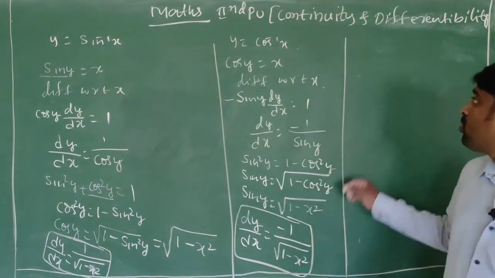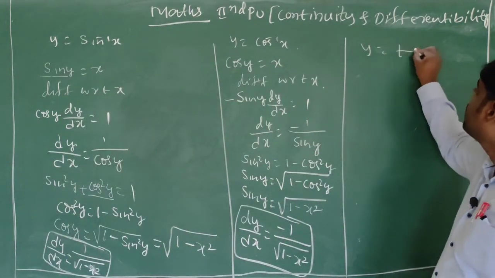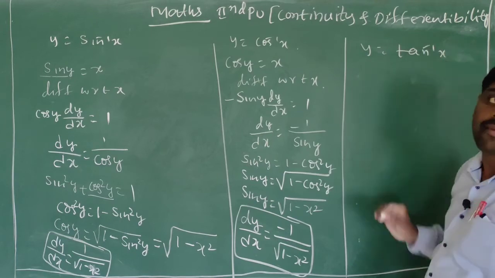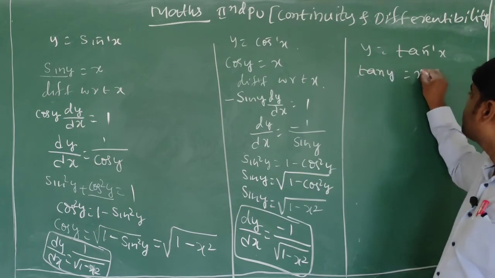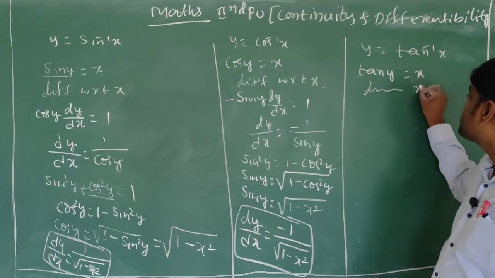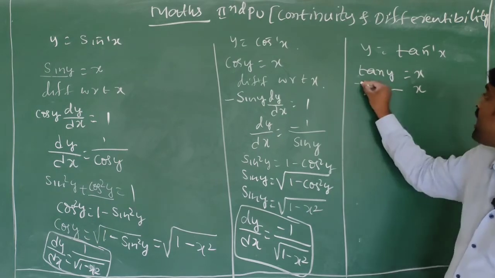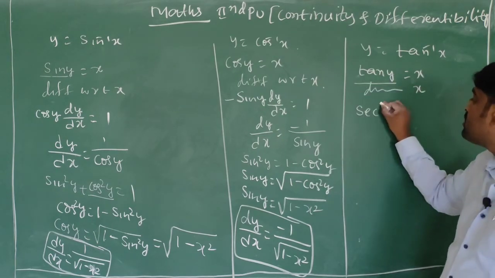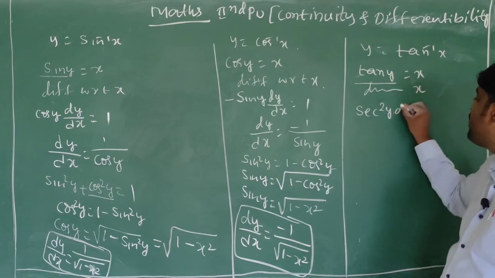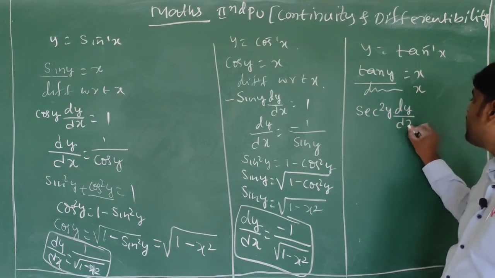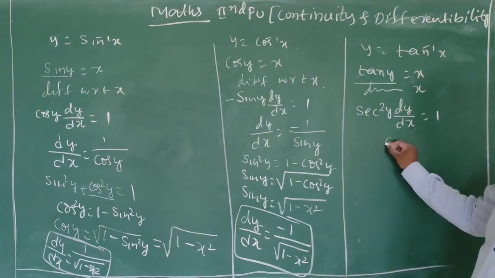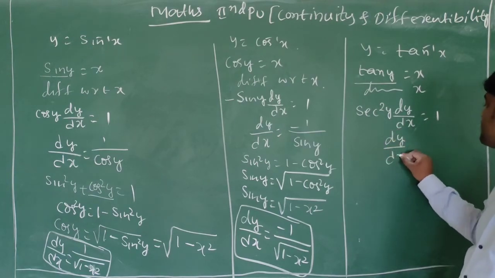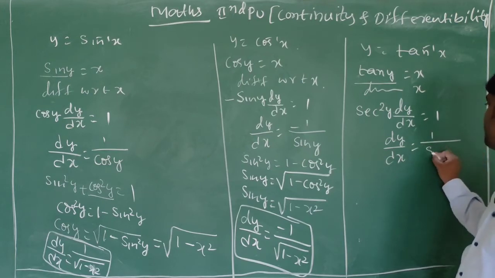Now y is equal to tan inverse x. So now tan y is equal to x. Differentiate with respect to x. Tan y differentiation is secant square y. Y differentiation is dy by dx. X differentiation is 1. dy by dx is equal to 1 divided by secant square y.